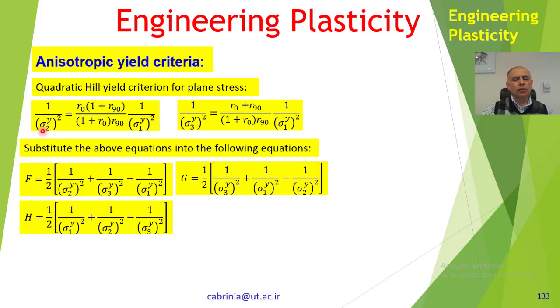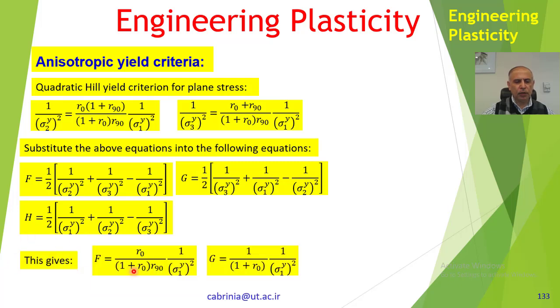Therefore, substituting for sigma 2y and sigma 3y in these three equations which we had obtained before, we get f and g in terms of sigma 1y, r0 and r90. So that's what we get for f and g.